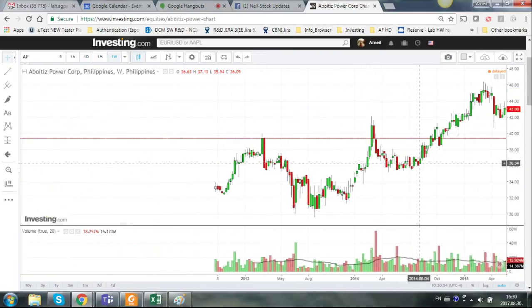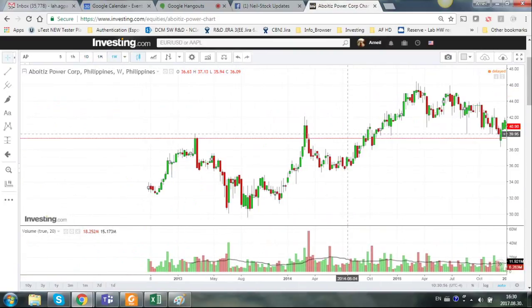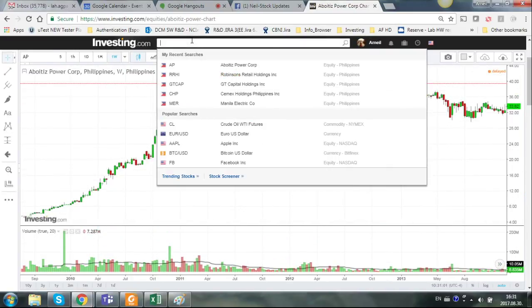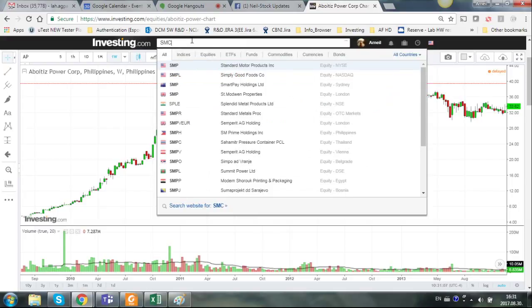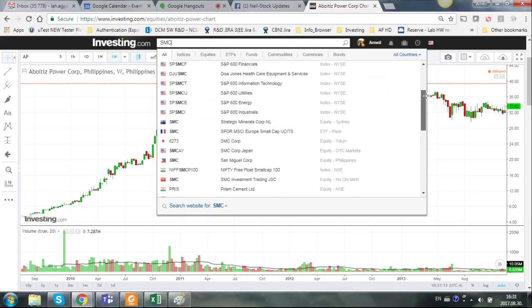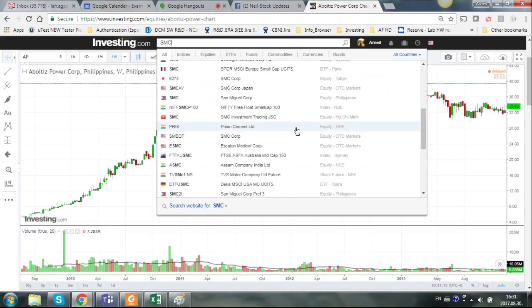Okay, iba naman kung halimbawa, SMC, halimbawa San Miguel Corporation. Check lang natin para maipakita ko yung ibig kong sabihin.